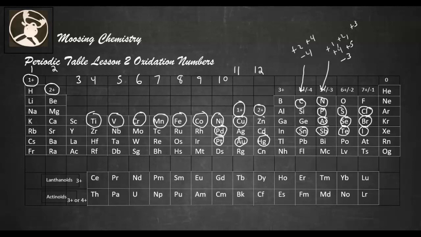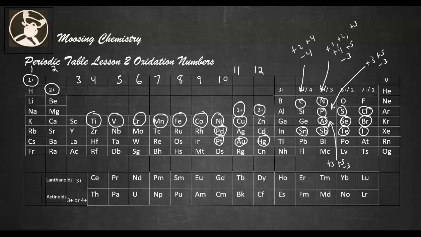Okay. Phosphorus. Phosphorus right here, right there, that can be a +3 or a +5, but normally it's a -3 like nitrogen. What about arsenic? Arsenic right here, guys. Arsenic is going to be a +3 or a +5, but normally it's a -3.